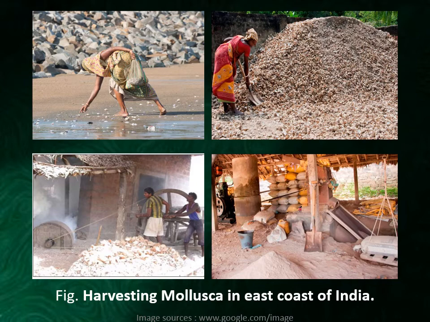So thereby we are destroying one natural habitat. That is a simple use. We are not killing those organisms, but we are collecting their dead cells and thereby modifying the natural ecological condition of that area.